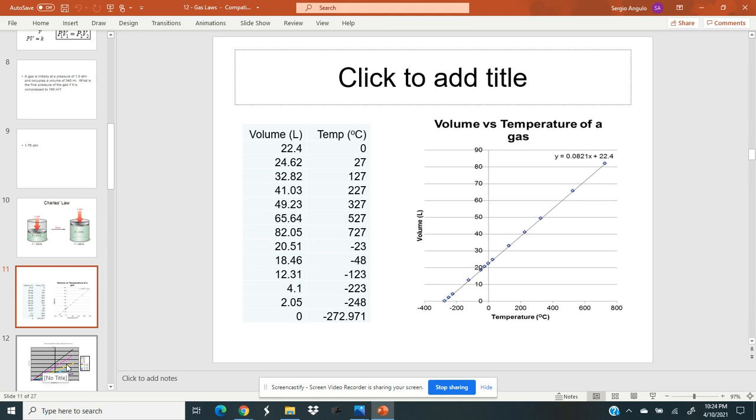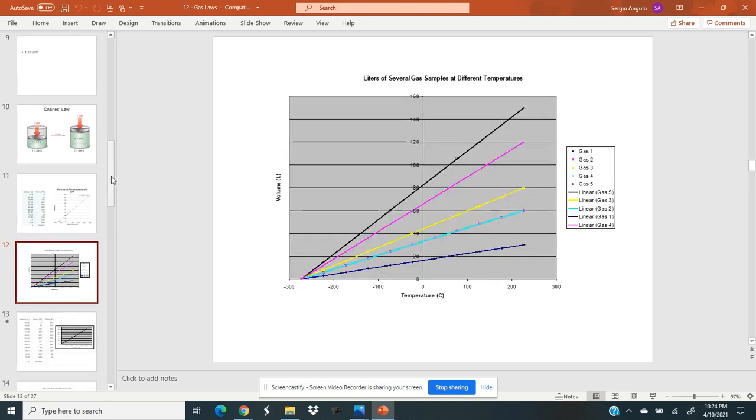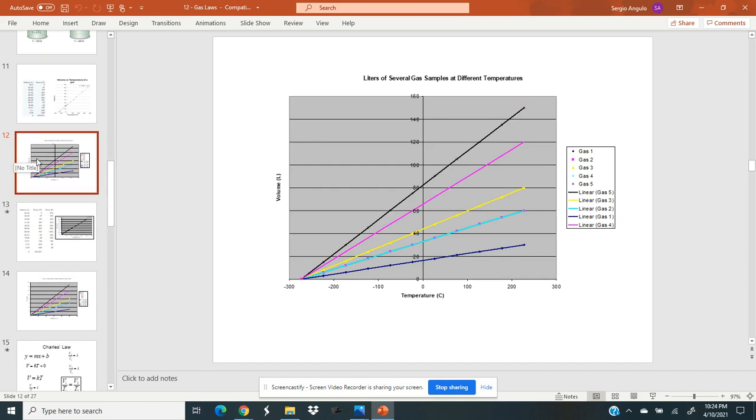Now, every different gas, depending on the nature of the gas and on the amount of gas, gave a different line, each with a different slope. The curious thing is that they all met at the same place.